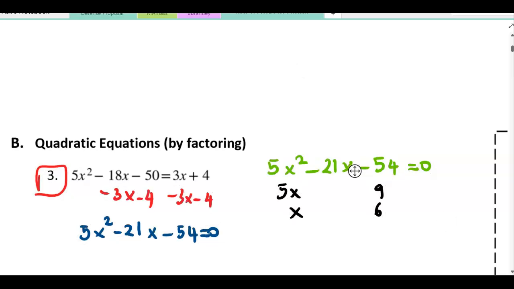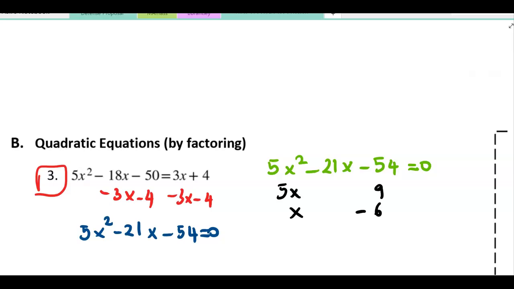Which one should I give the negative? I'm going to try to give this one. So 9 times negative 6 is negative 54. When I cross multiply, 5x times negative 6 is negative 30x, and 9 times x is 9x. Negative 30x plus 9x is negative 21x.